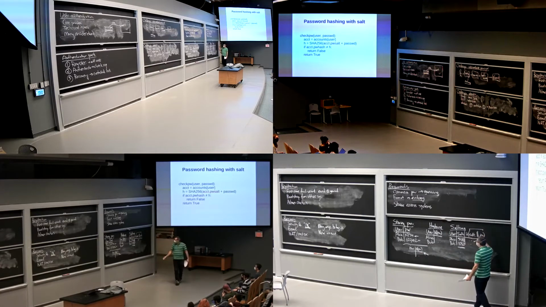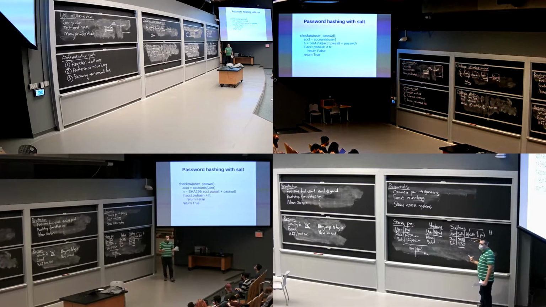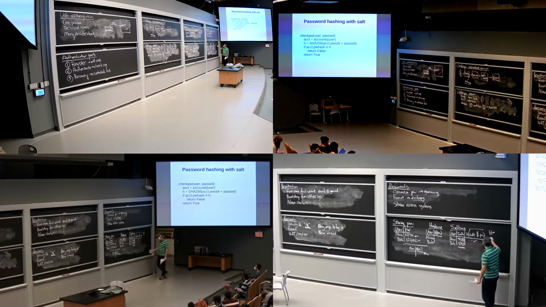The last thing that matters in practice is that this hash function should really be something expensive. The hash function on this slide is SHA-256. That's correct, but not very secure because it's super cheap to compute. You want something as collision resistant and cryptographically secure as SHA-256, but expensive to compute. SHA-256 can do hundreds of megabytes per second on a modern computer, maybe even gigabytes per second. That's a bad thing because it means the computer can brute force lots of passwords per second. There are hash functions called PBKDF2, scrypt, or bcrypt.